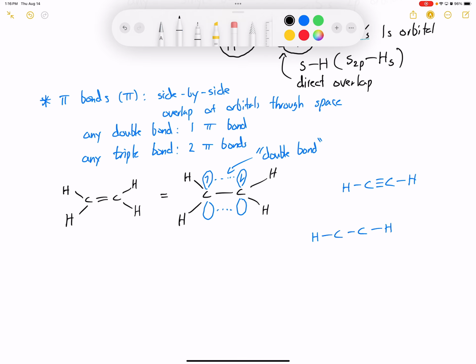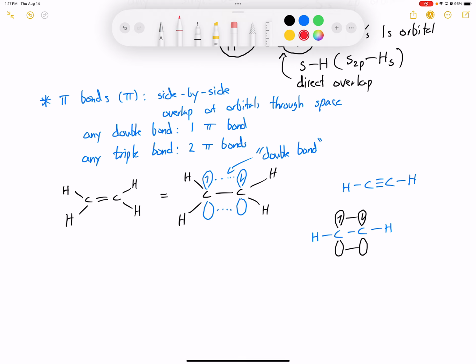Now I'm going to have two sets of p orbitals. One over here. All right, now I have to show this in different colors because the next set is hard to draw. But imagine you have another set of p orbitals that are perpendicular to these p orbitals. They're kind of going through this direction right here, okay?